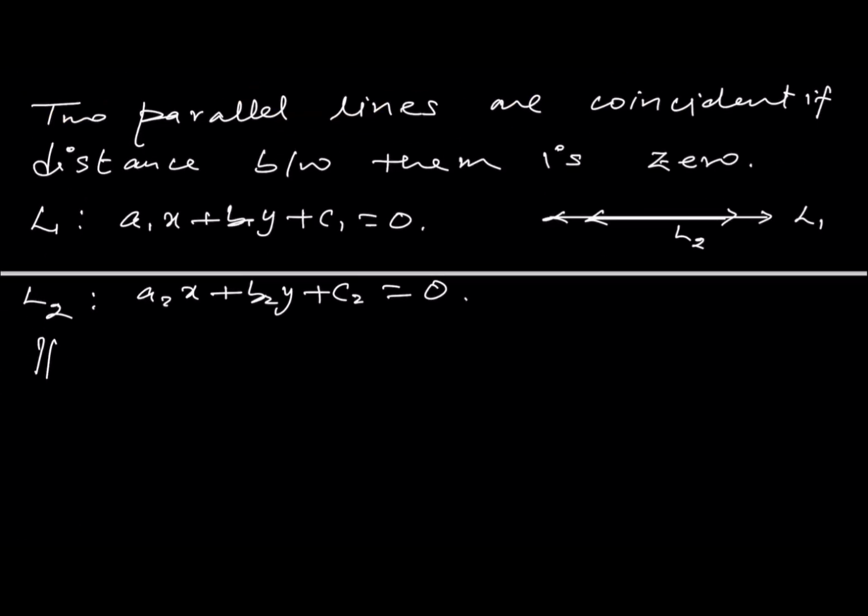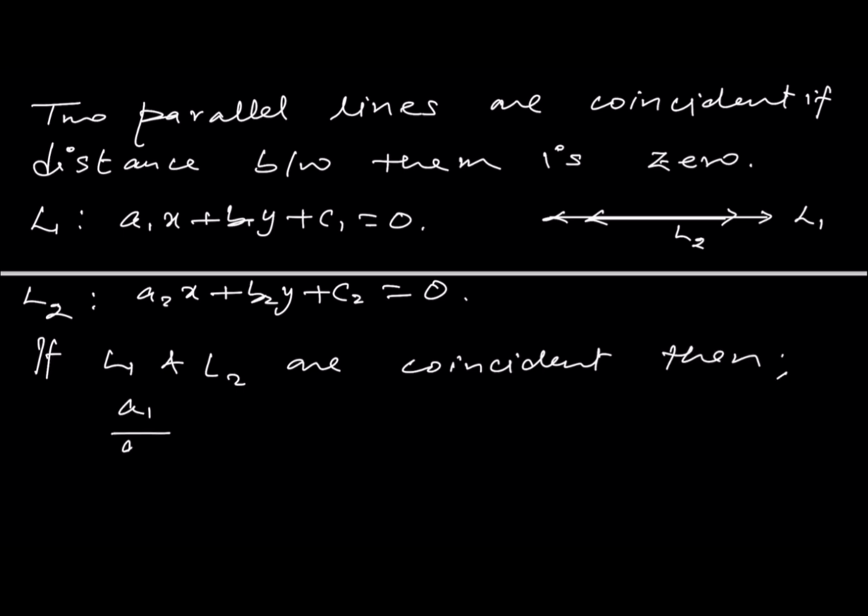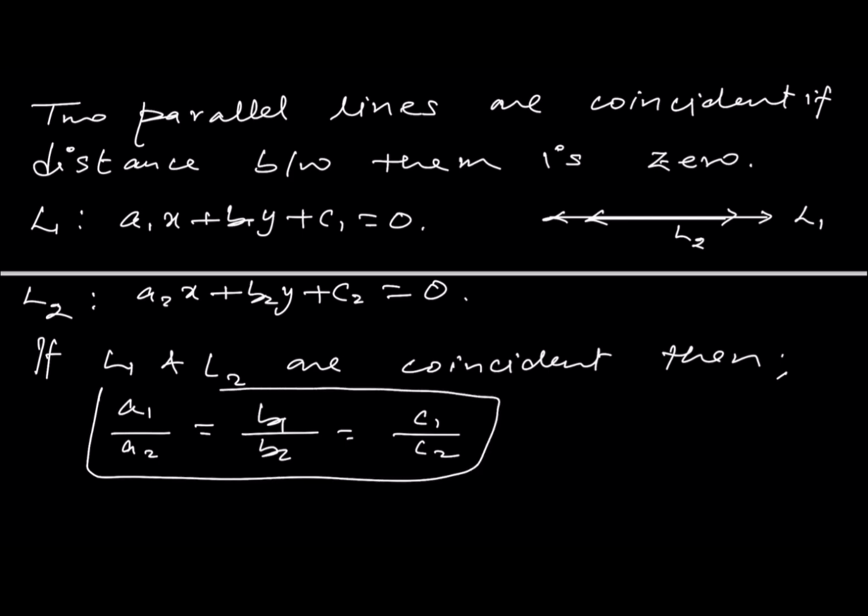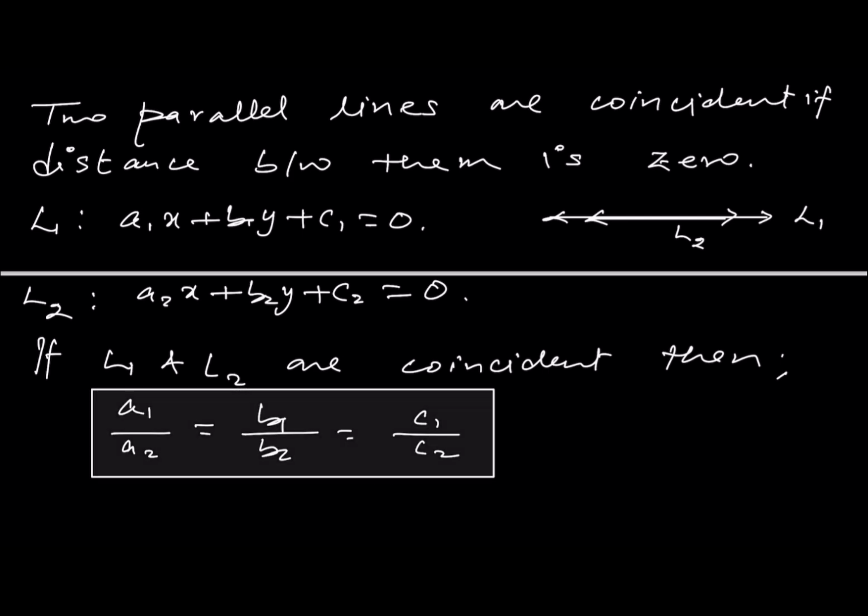So if L1 and L2 are coincident, then a1 upon a2 is equal to b1 upon b2 is equal to c1 upon c2. This is the required condition.